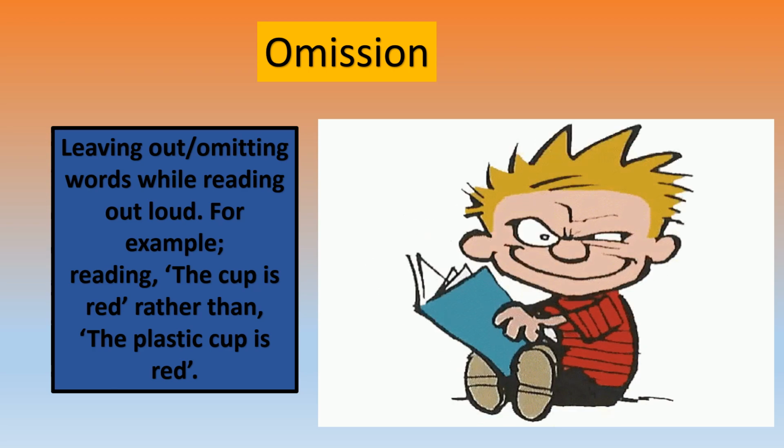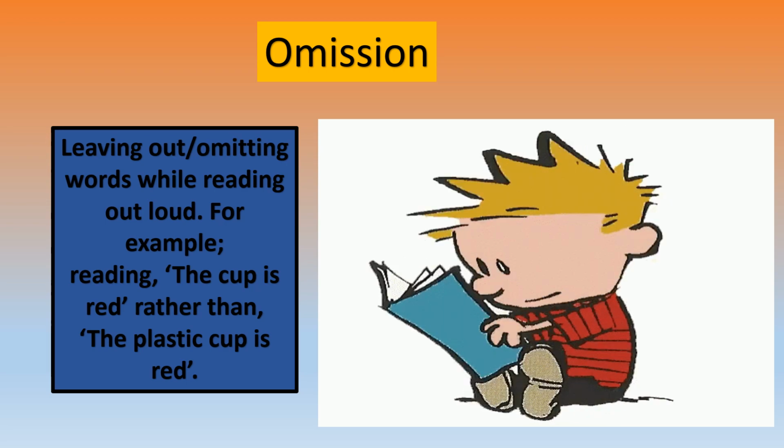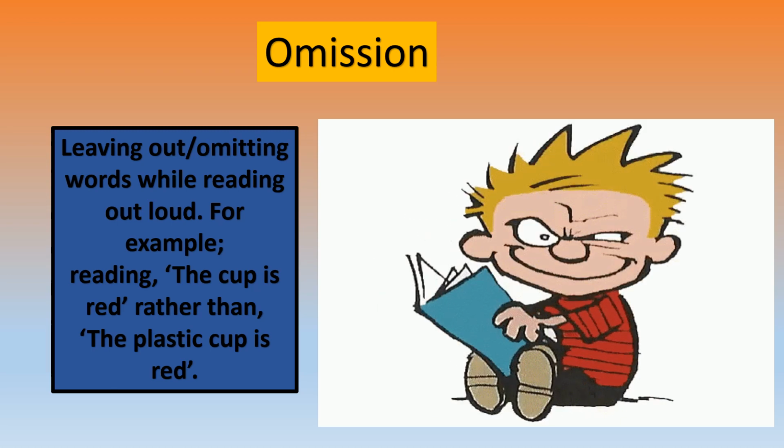And so, for example, the student might read, the cup is red, rather than what is actually written in the text, which says the plastic cup is red. It could be that the student was unable to decode the word plastic, and so they don't bother to go through the trouble.